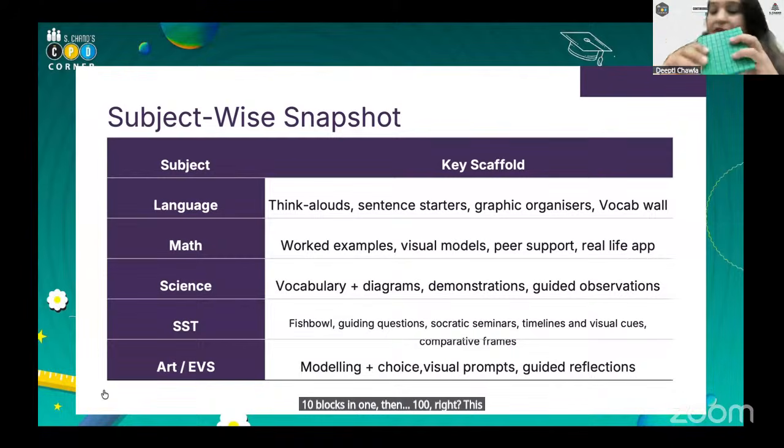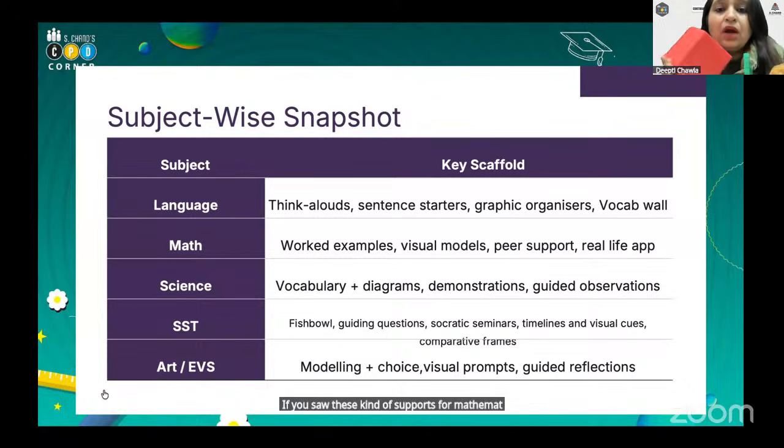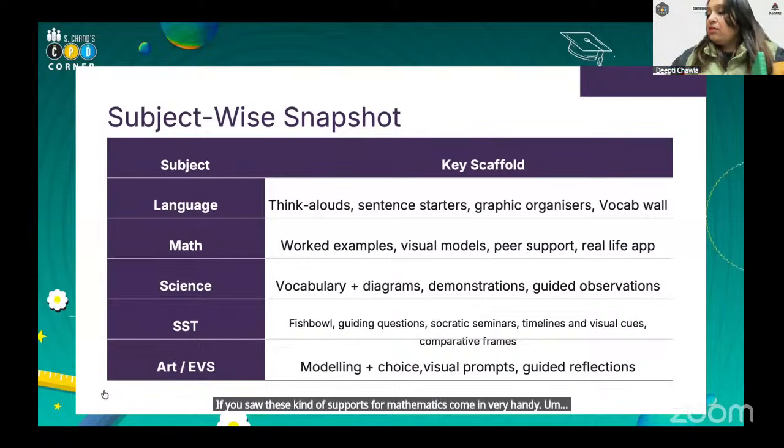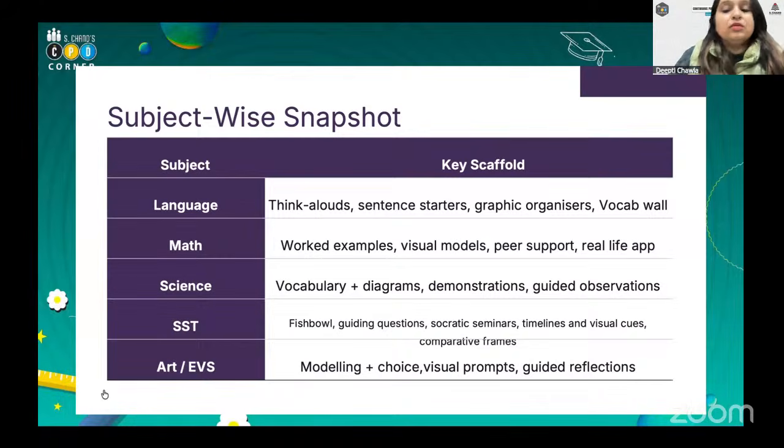This is a block of 100, and then this is a block of 1,000. So these kinds of supports for mathematics come in very handy. This is one way that you can help improve your classroom. Anything else?